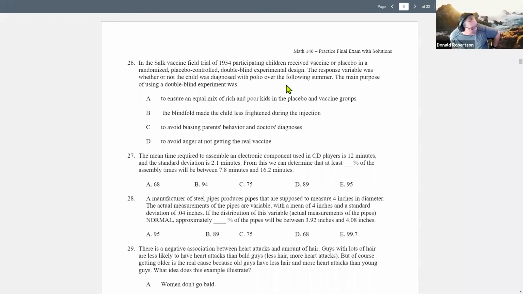The main purpose then of using a double-blind experiment was, which one of those four is the best fit? C. Yes, basically C. Now, you might say the others are correct, or two of the others are correct, but when you do this, you always pick the best answer, not the one that's correct, because there might be two things that are correct, but the main reason would be that.